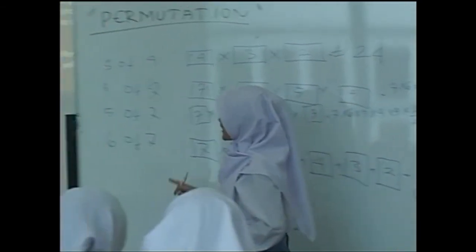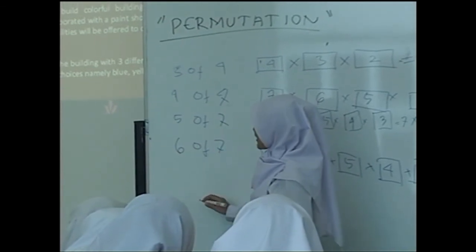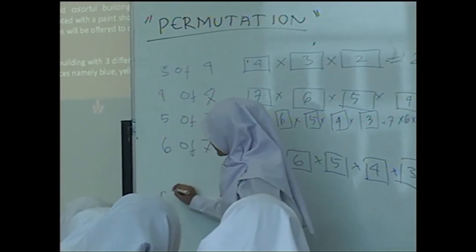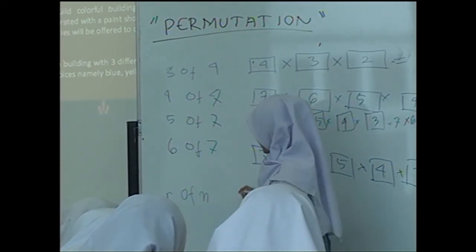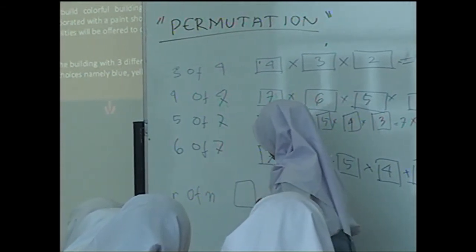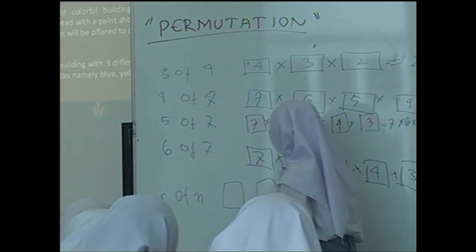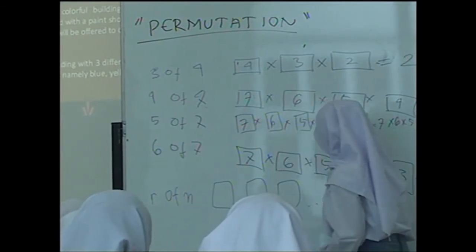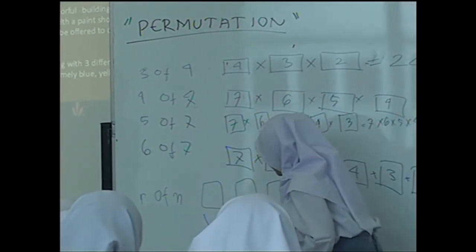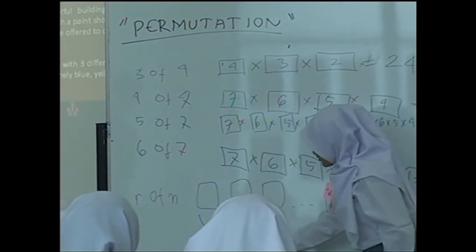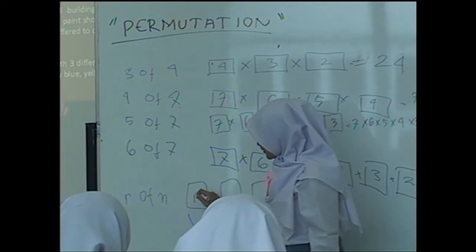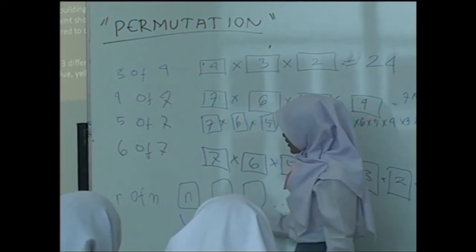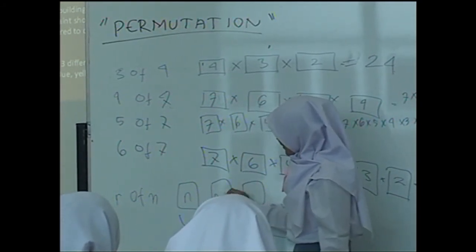Suppose the number of floors is R, and the number of colors is N. So we get the number of boxes is R. In the first box we can write N. And the second box we can write N minus 1.